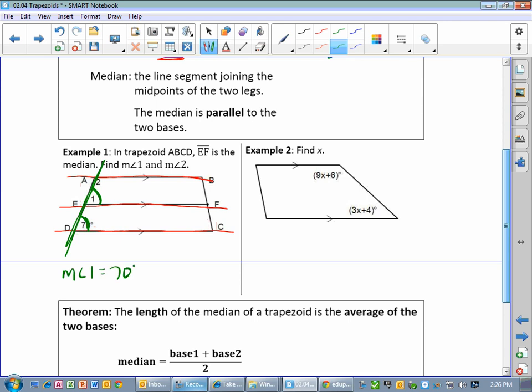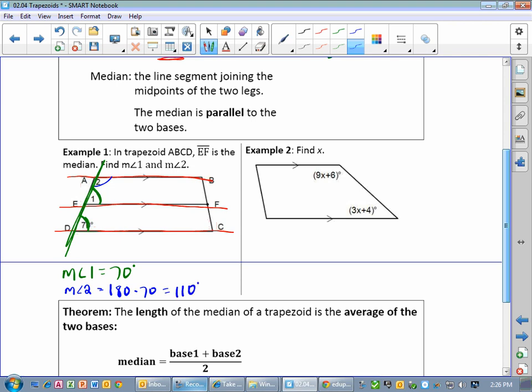Now how does angle 2 fit in here? What do we call angle 1 and angle 2? They're not alternate because they're on the same side of the transversal. They're same side interior. And what's special about same side interior angles? They're supplementary. So the measure of angle 2 would be 180 minus 70, which is 110 degrees.